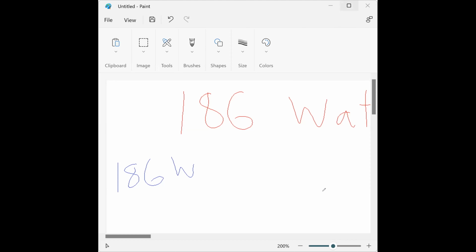So if we multiply this, our watts are going to cancel out, right? We've got watts on top and watts on bottom. So we end up with the number 186 over 746, and horsepower is our unit. And units work just like algebraic variables. If you have it multiplied there, or if you just have a unit of watts, it works the same. Okay, so does that make sense?